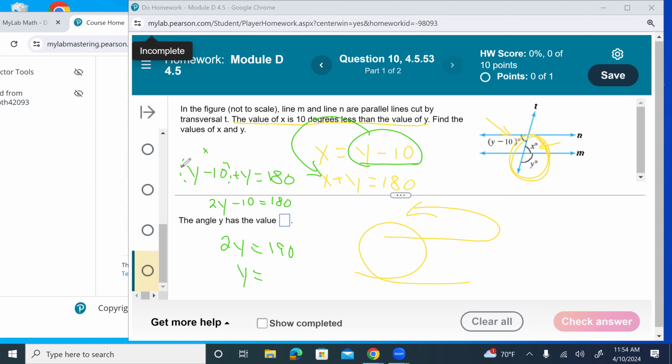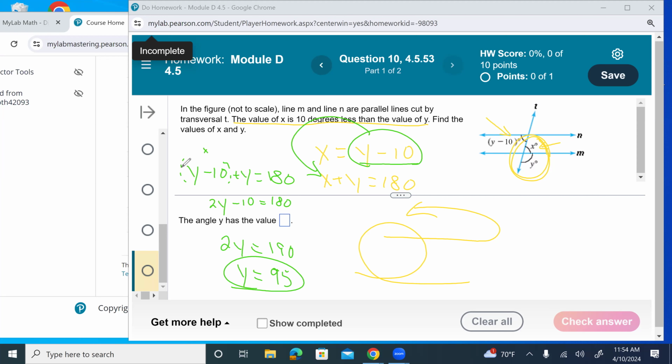So then Y would equal 95. If you got $190 and each of you get half, half of 90 is 45, half of 100 is 50, so 95. Okay, so there's what Y is.